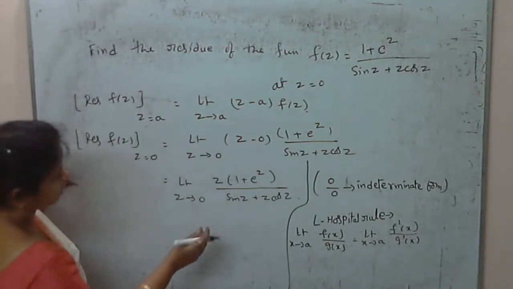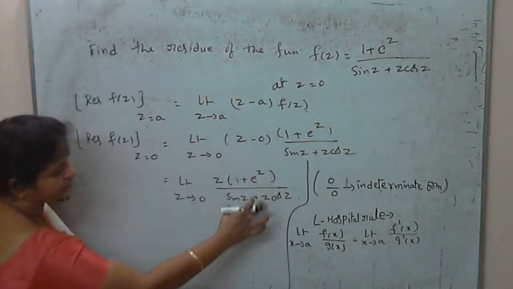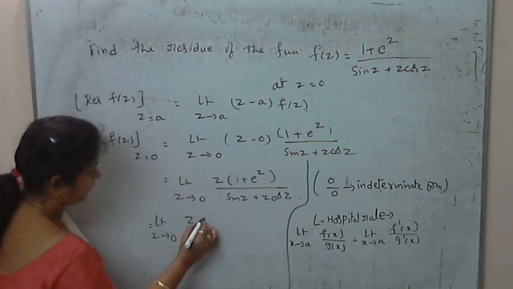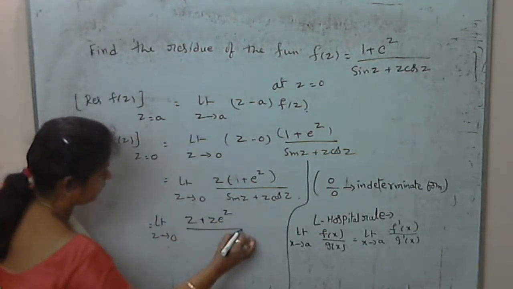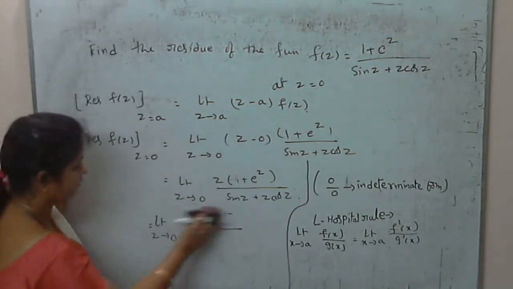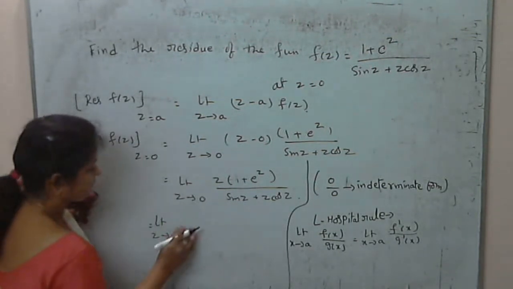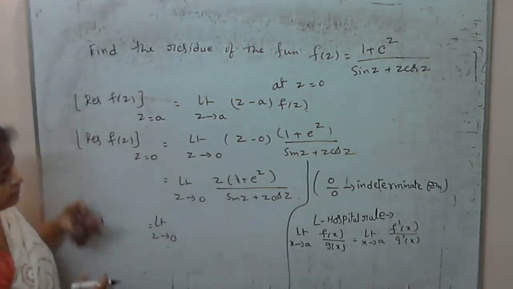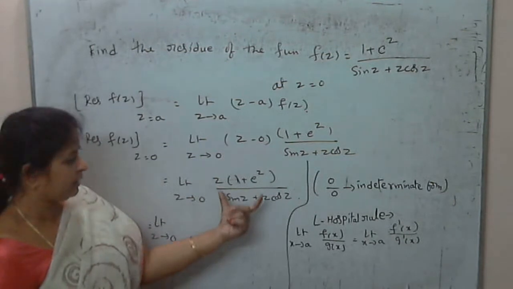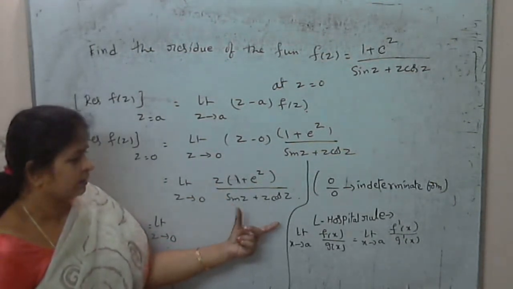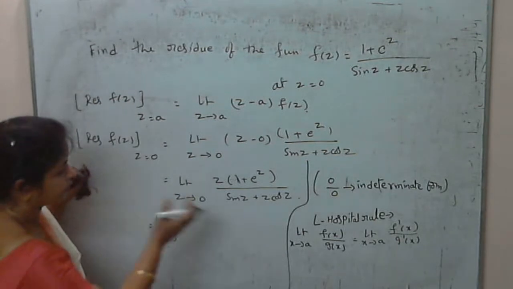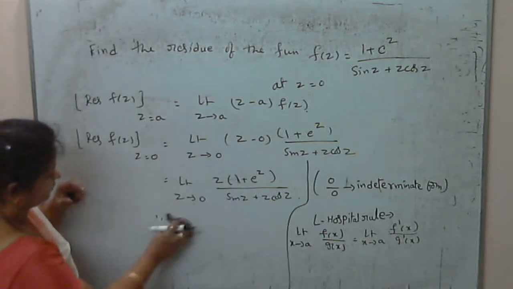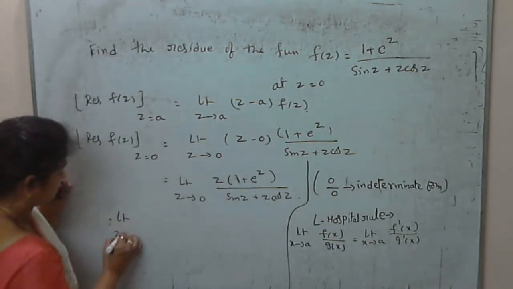Let us assume f of x by g of x is equal to limit z tends to 0, z plus z e power z by sin z plus z cos z. So the numerator is f of z, the denominator is g of z. Now applying L'Hospital rule, you have to differentiate numerator separately and denominator separately. That is equal to limit z tends to 0.